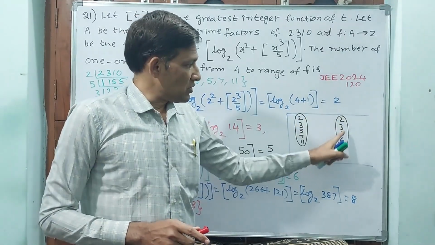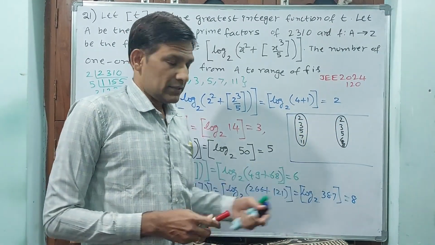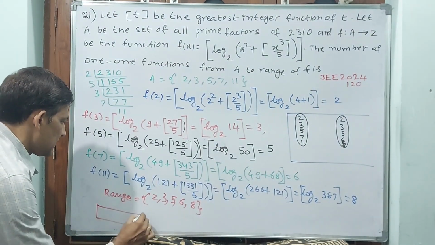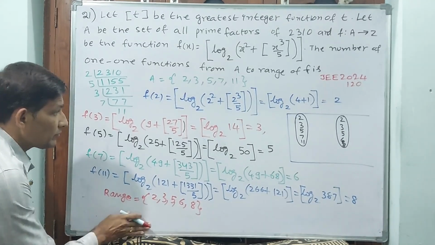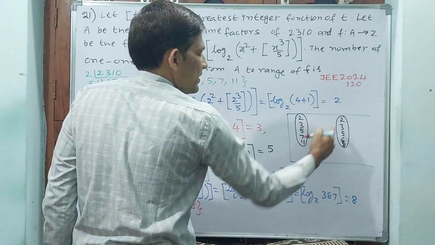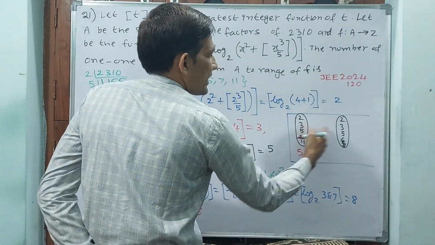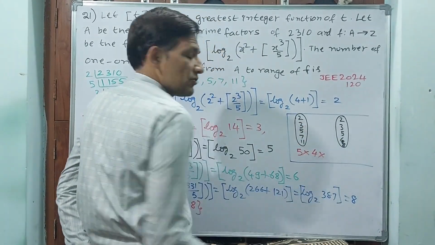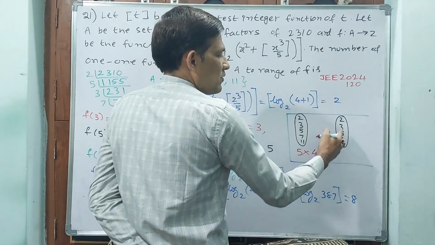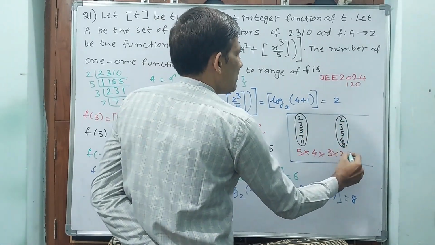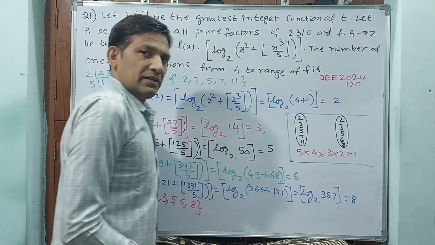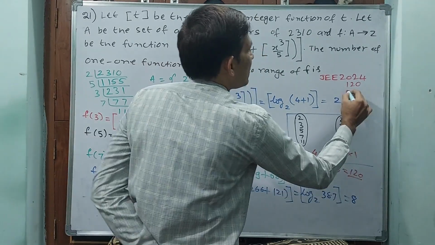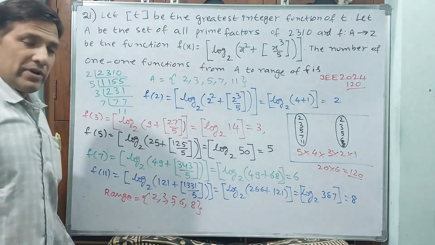Once you have given 2 a chance, for 3 there are only 4. First number is having 5. Second number, 1 is already occupied by this 2, but for 3 only 4 chances will be there. For 5 only 3, for 7 only 2, for 11 only 1 will be there. This is the number: 5 into 4 into 3 into 2 into 1, that is equal to 120. Understand? 120 will be your answer. Let us go for the next question.